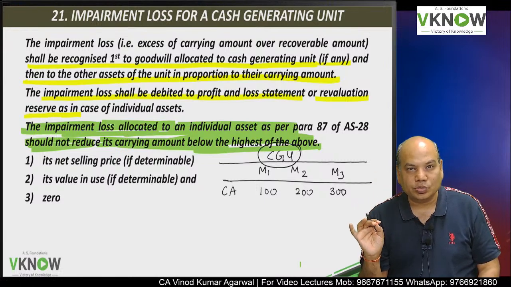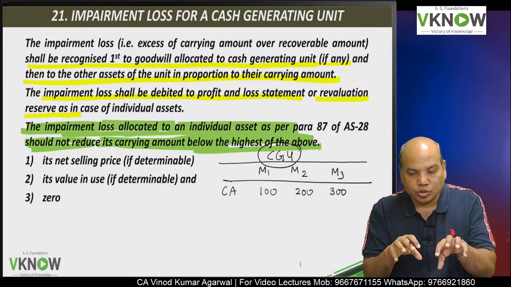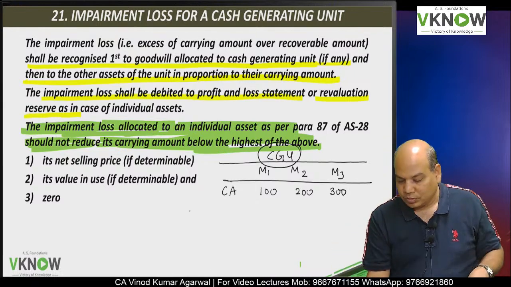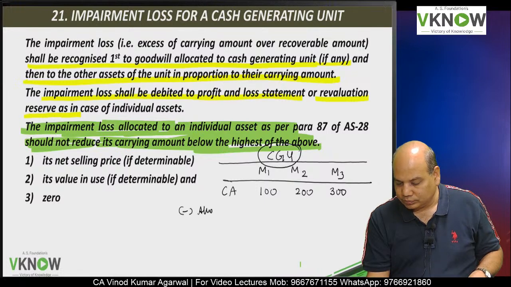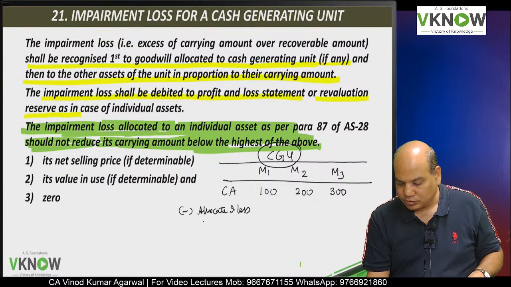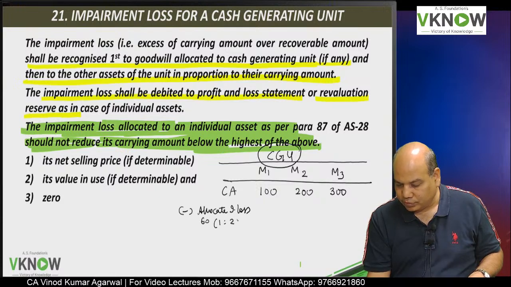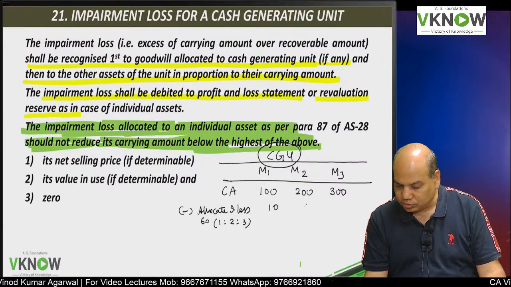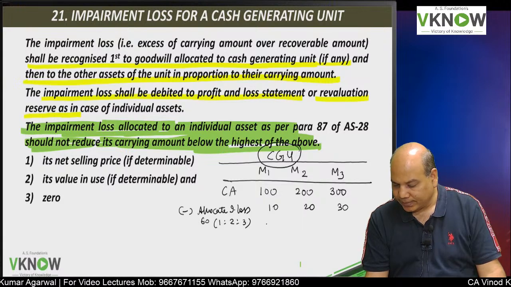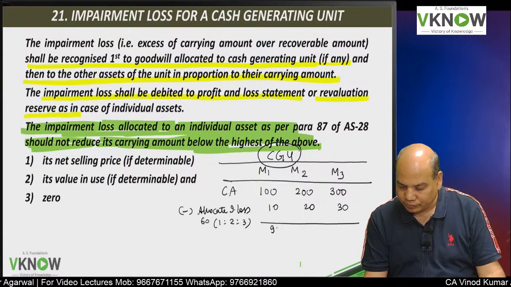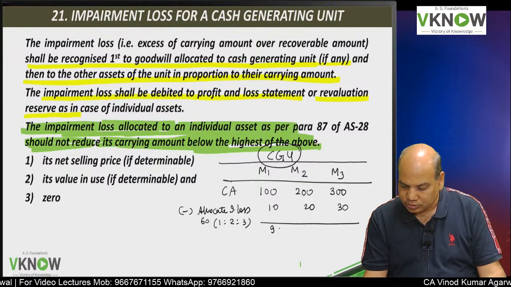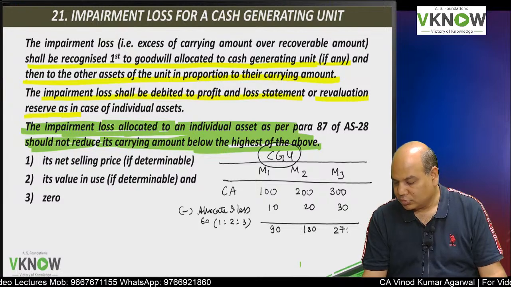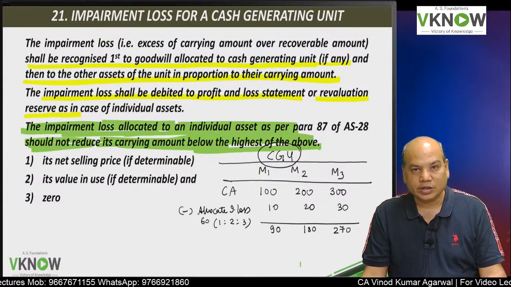If a CGU has many assets, we allocate the impairment loss of 60 in the ratio 1:2:3, so that it comes to 10, 20 and 30. After impairment loss, the carrying amounts will become 90, 180, 270, correct? But there is a problem.